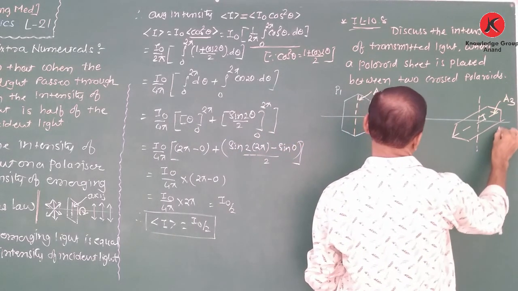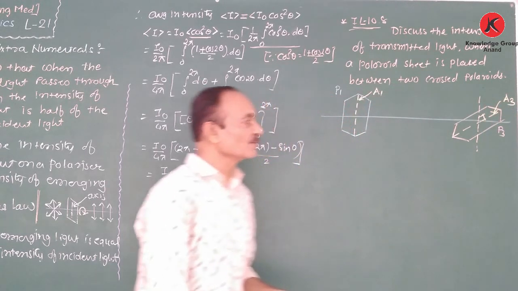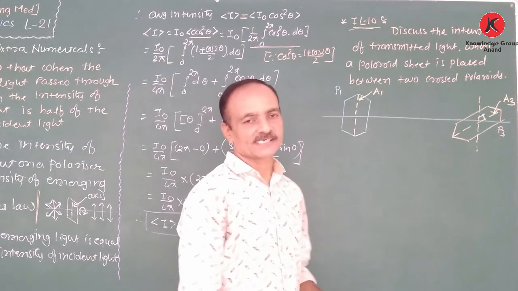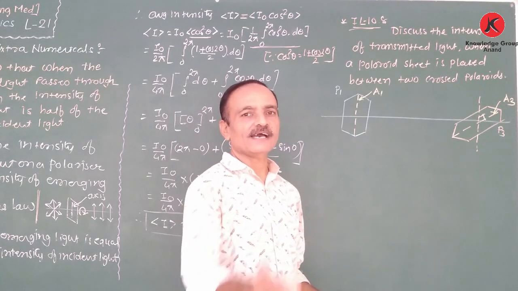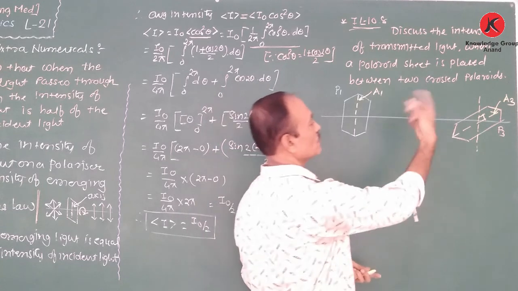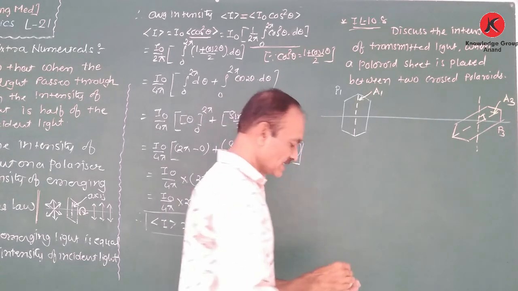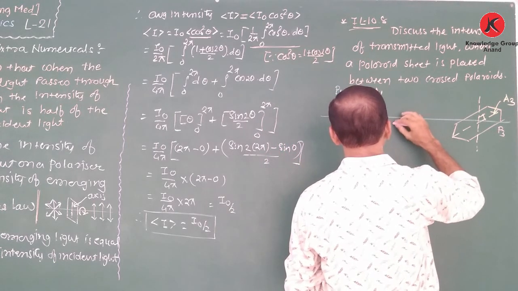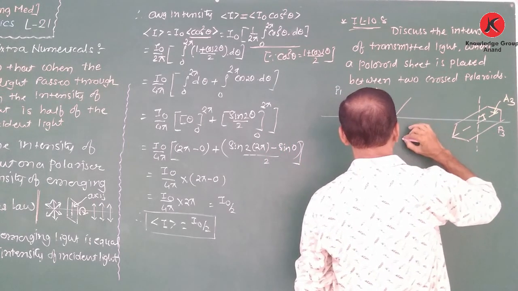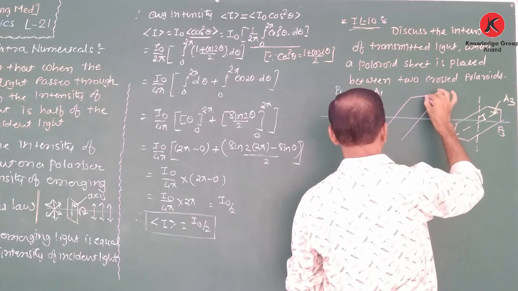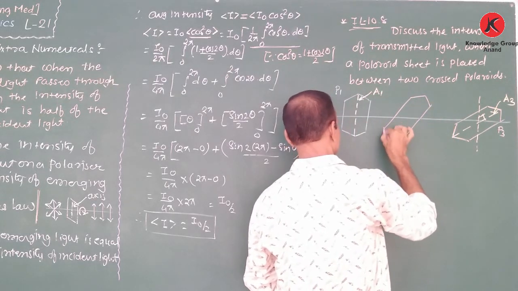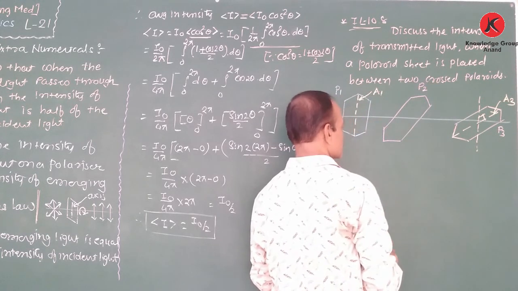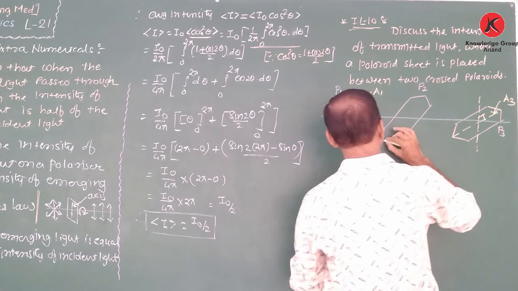Between these two polarizers, we place one more polarizer sheet in such a way that this polarizer is also rotating about this axis. There is a second polarizer P2. The axis of the second polarizer is this.